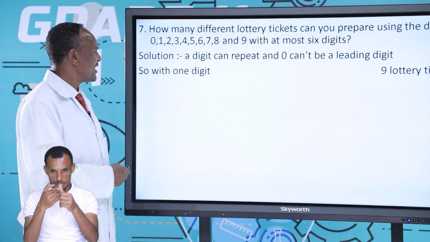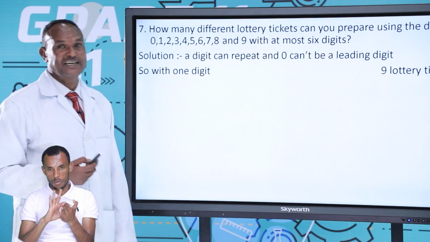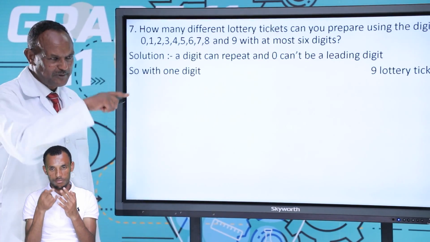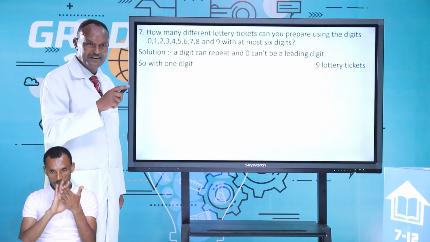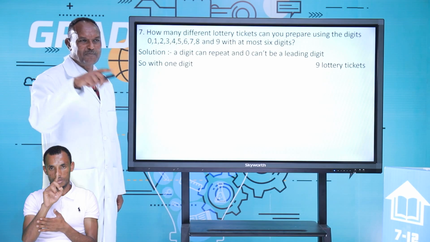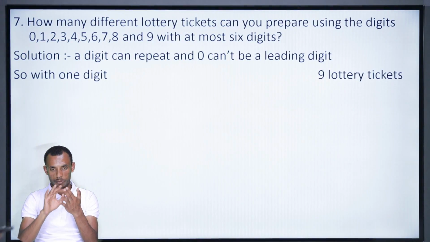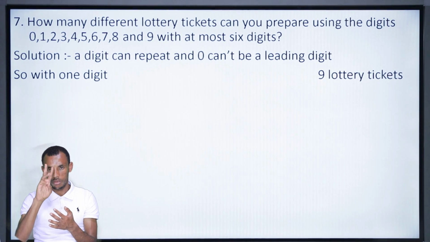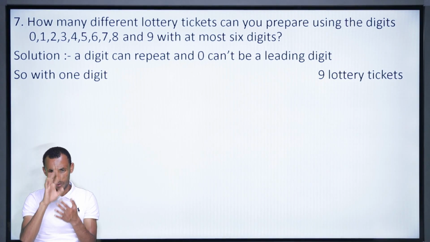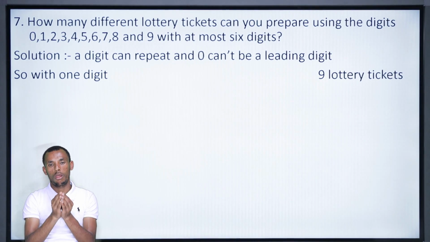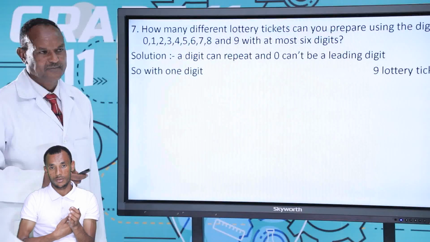First, prepare a lottery ticket with 1 digit. Write on paper number 1, number 2, up to number 9. So we have 9 lottery tickets having only 1 digit, from 1 up to 9.